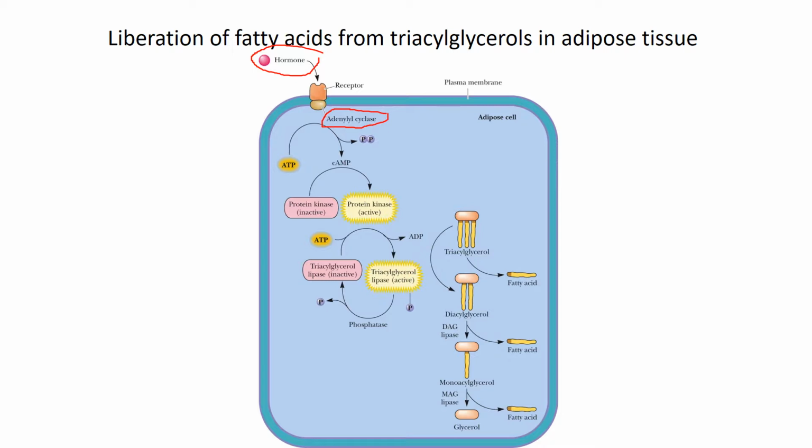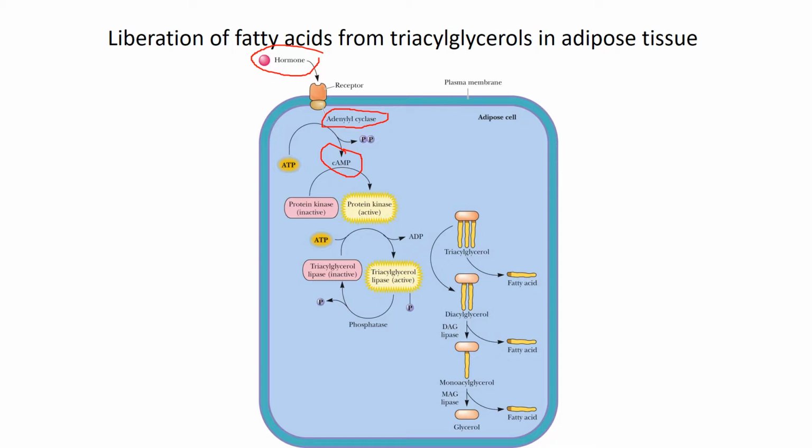This causes the cyclization of ATP to form cyclic AMP. That is our second messenger molecule, and you've seen that before. We just saw that in the regulation of glycogen synthesis or glycogenolysis. So similar method of regulation here.